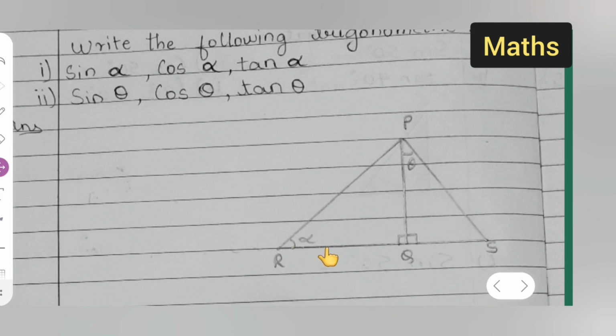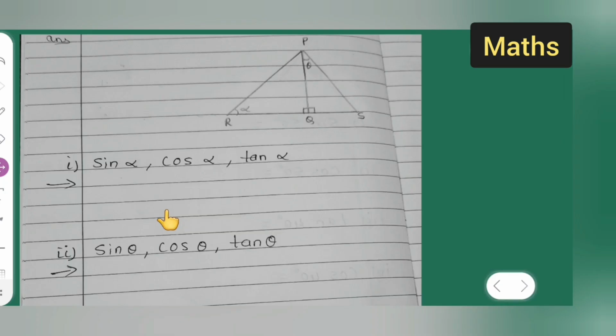So now, basically this is a triangle, right? Angle PRQ is alpha, and angle QPS is theta, okay. So you'll have to write the trigonometric ratios. For that, what you need to do is make it half for alpha, okay.